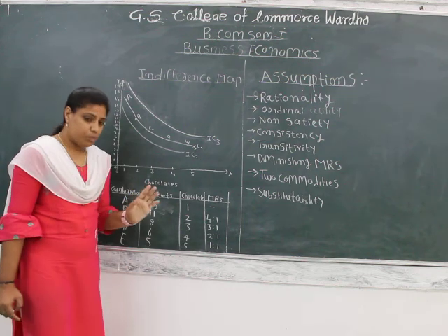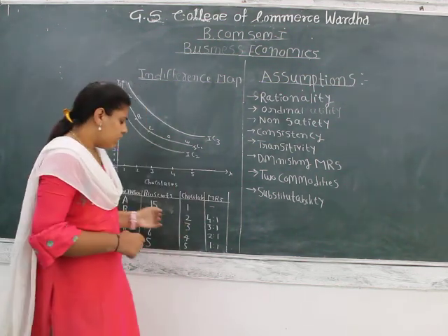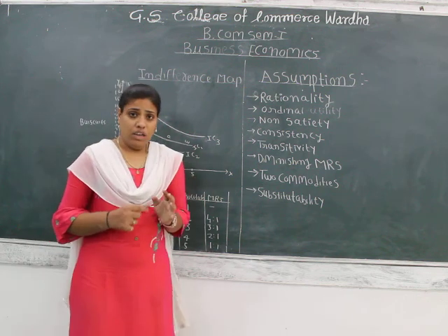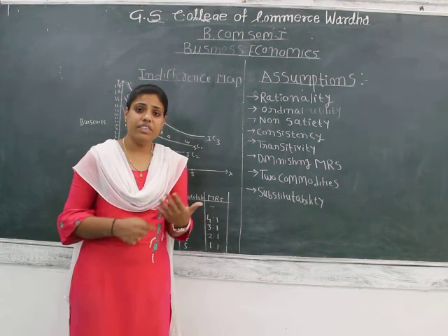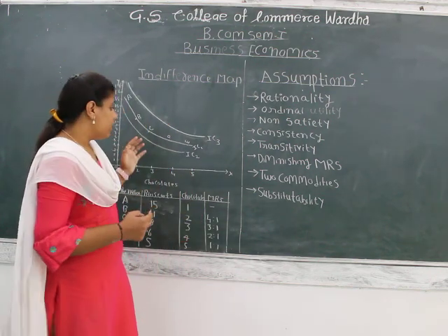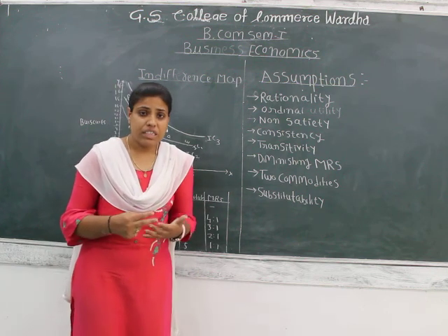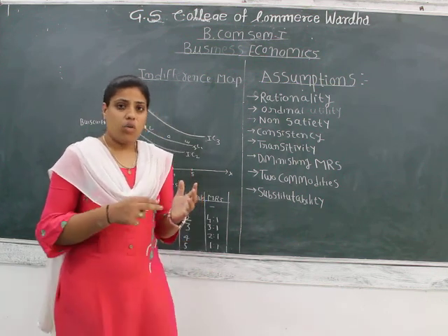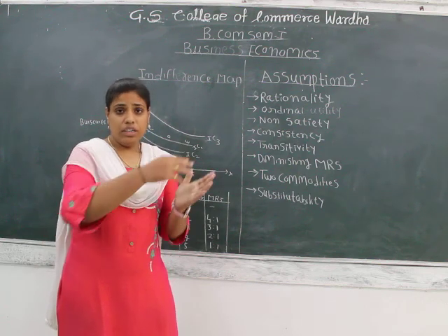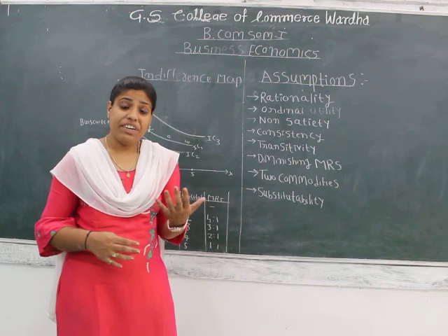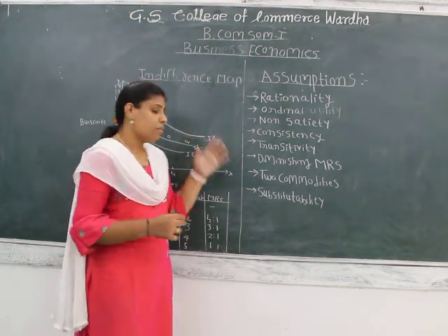Now, there may be many such combinations which can be plotted on different indifference curves. And when many indifference curves containing combinations of the two commodities are plotted on a single graph, giving different levels of satisfaction to the consumer, then it is known as indifference map.